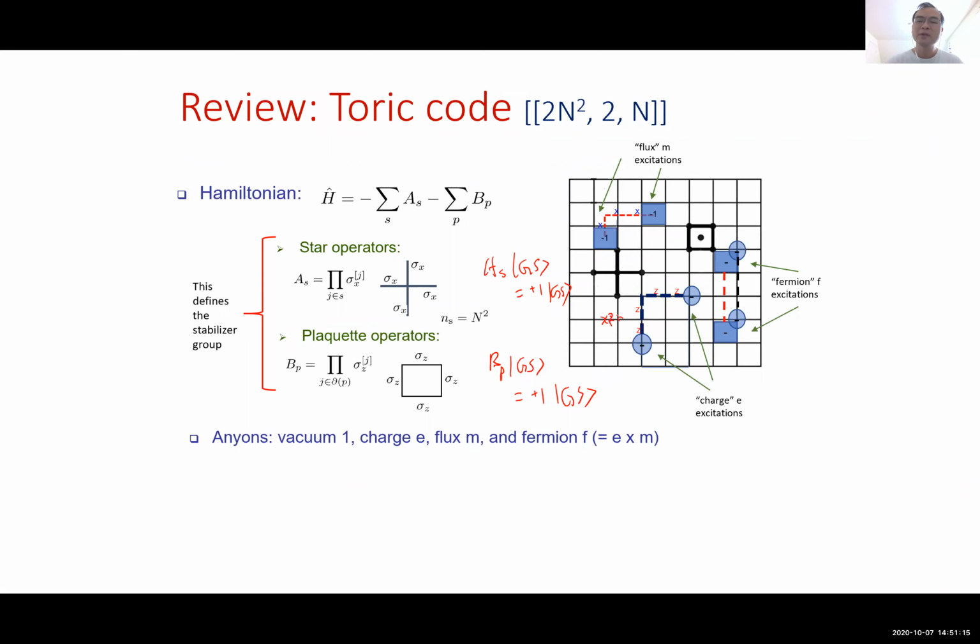The Z would create here and X would be the opposite. These are minor details, but if you look from far away, if you have pairs of strings of X and Z, they should form a pair of fermions.